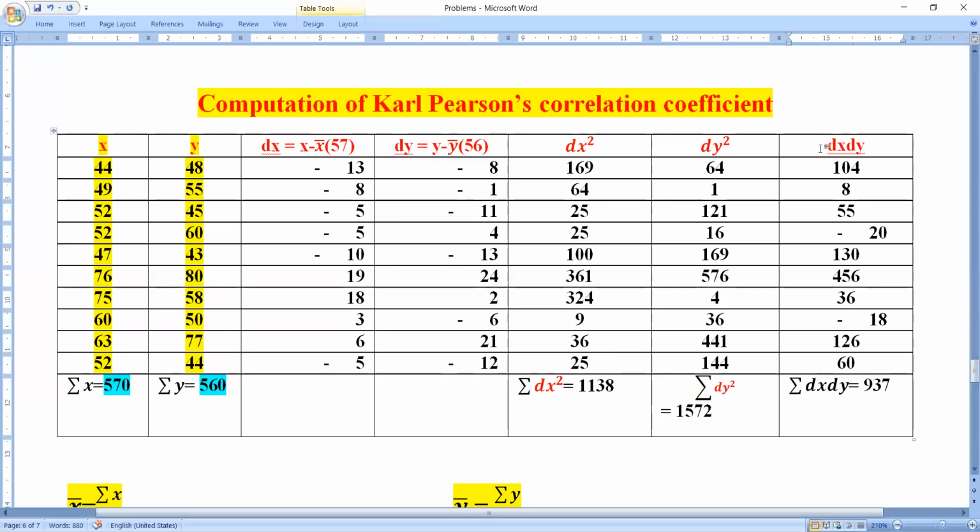After that, dx dy. See in the dx dy column.